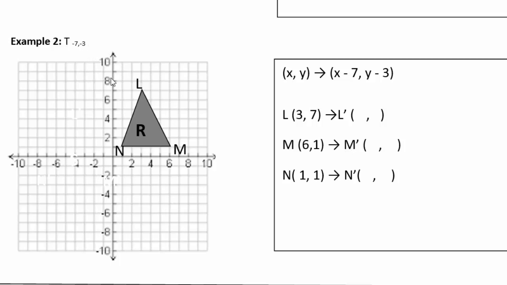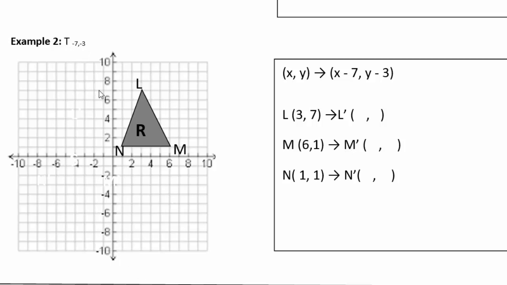This, remember, is our up and down, our y-axis movement, and so it wants us to go down 3 since that's a negative number. So from the original y coordinate we will subtract 3, and that will tell us the points for our new image after the translation that they are requesting here with -7, -3.